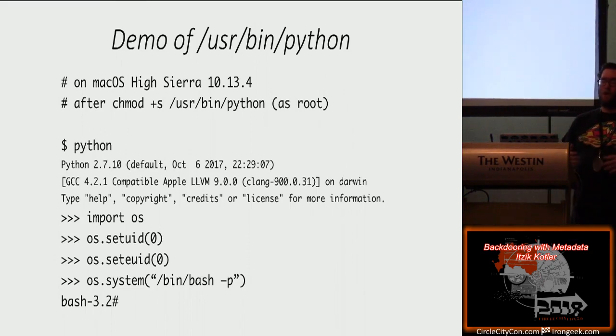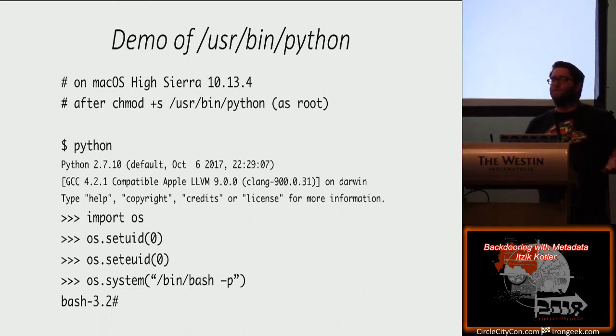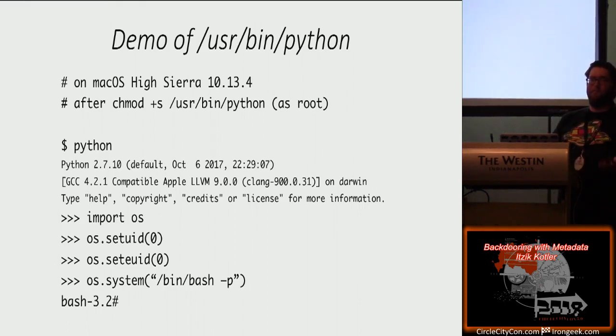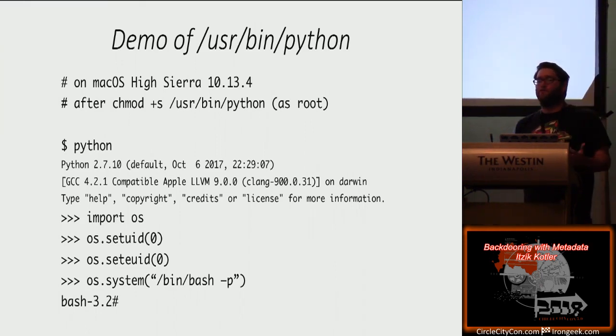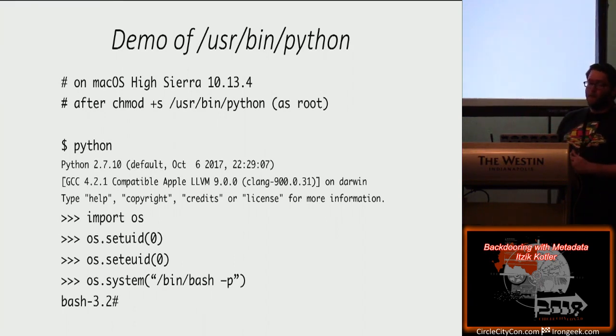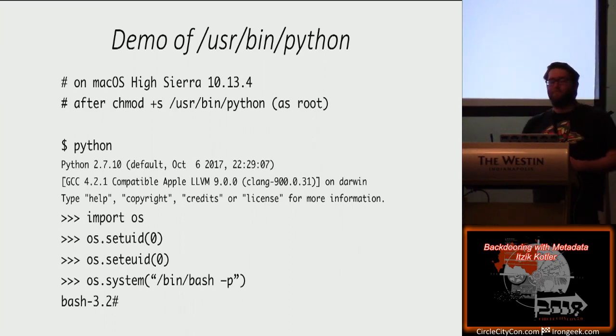They basically give you a console, and in that console you can then go ahead and program it to do different things, right? And one of the things that you can do is ask that program to run another program. That's very viable, that's a very logical thing to do. And so in this example, what we're doing is taking the Python interpreter on that system, and we are adding the setuid bit to it.